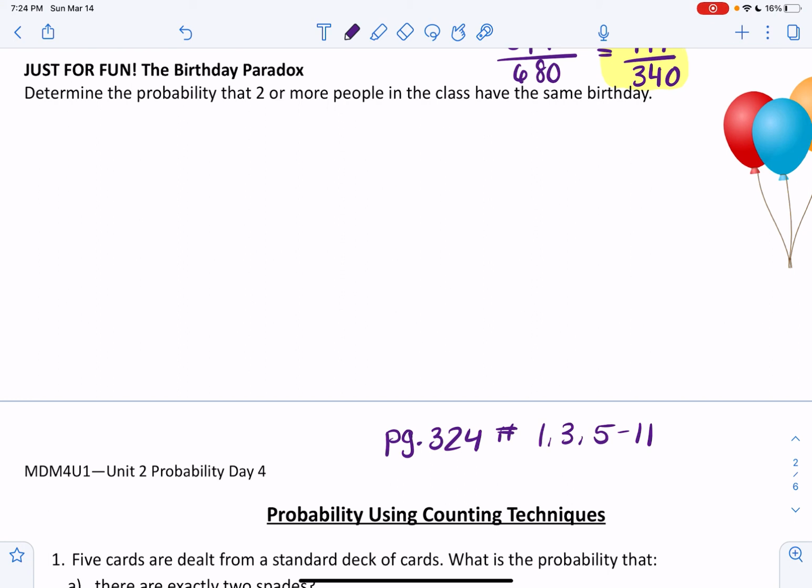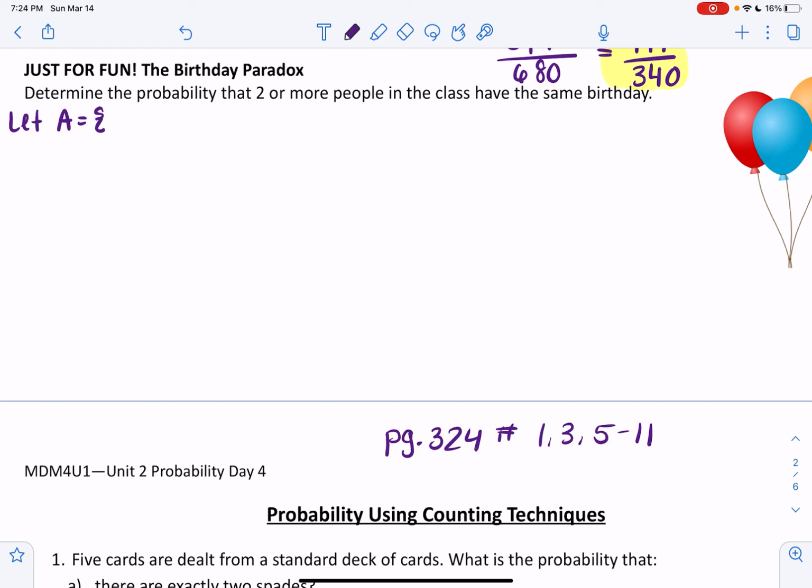Now, while we approach this, we are going to just disregard leap years, disregard possibilities of twins, anything like that. And we're just going to think about the number of people and the possible days in a year. So let's start by defining our event. Now, we have a few options here.